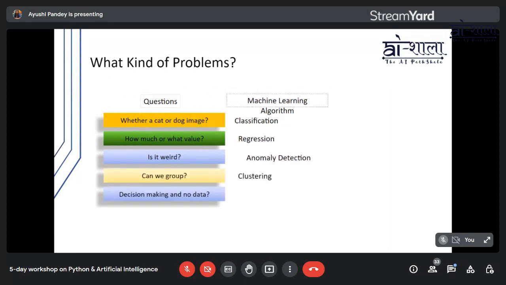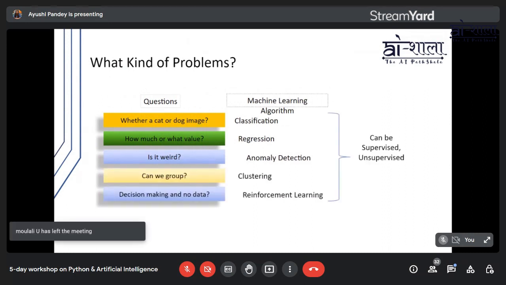Yesterday, Anil sir showed you this image and told you what kind of problem it is. If we want to identify a cat or a dog, it is a classification problem. If I want to know how much the value is, then it's regression. If there may be some issues and we want to detect an anomaly, that is anomaly detection. If we group the data, it is clustering.